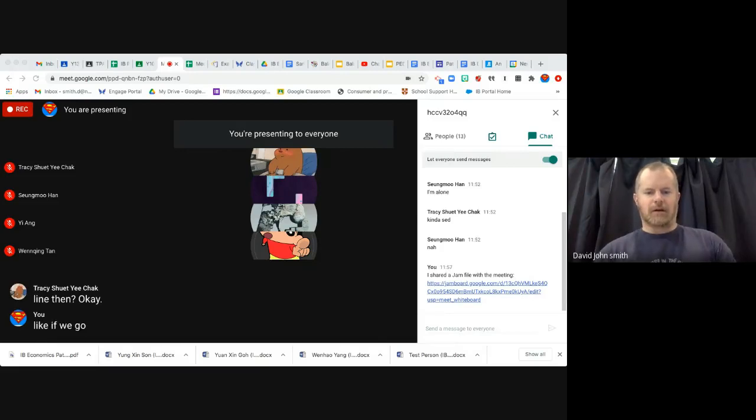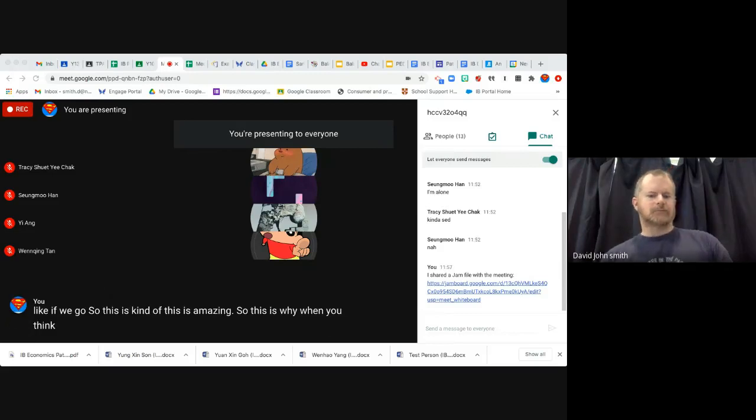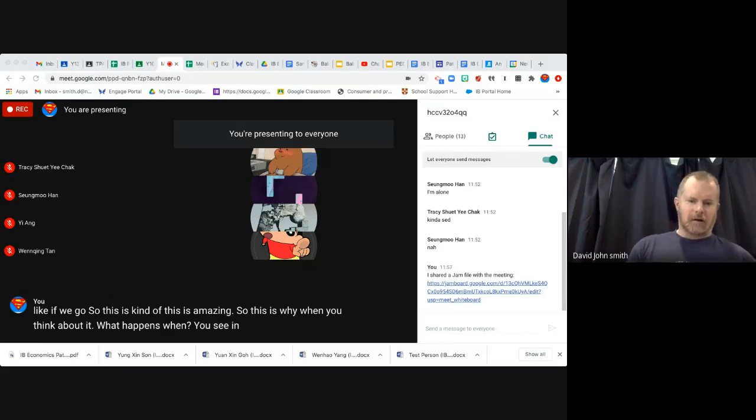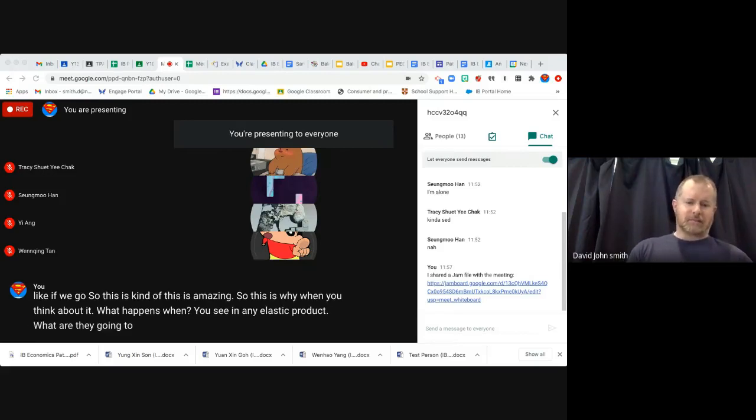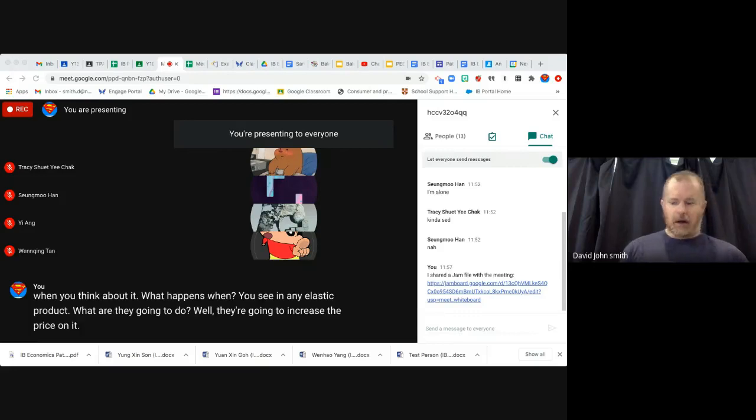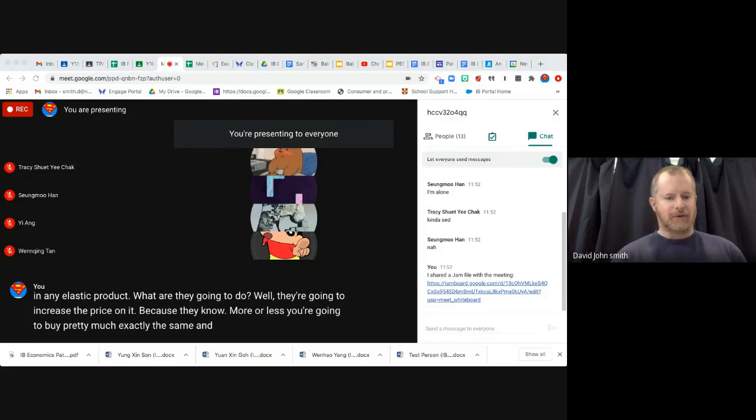So this is amazing. So this is why when you think about it, what happens when you see an inelastic product? What are they going to do? Well, they're going to increase the price on it because they know more or less you're going to buy pretty much exactly the same, and all that will happen is they will gain more revenue.